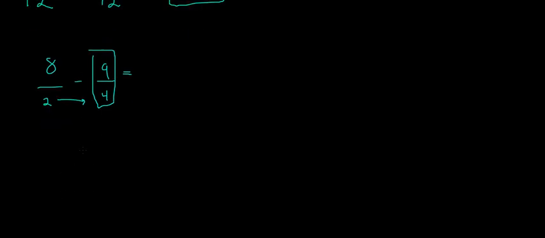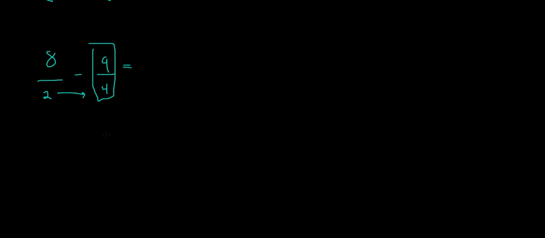So it's going to be 4 over 16, because I multiplied this by 2 to get 4, and whatever I do to the bottom number, I have to do to the top number. So I multiply that by 2 to get 16. And this remains the same because the denominator is 4 and we already got 4. It's going to be 9.